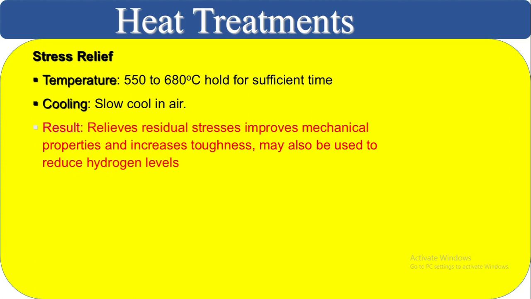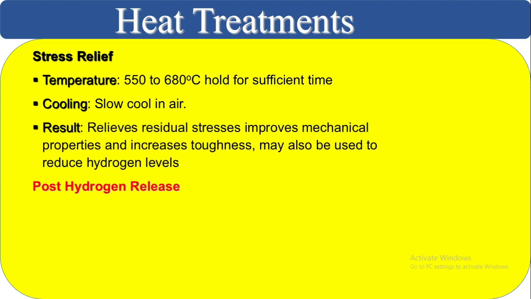Tempering and stress relief are almost the same, but the difference is the maintained temperature. Tempering is 250 to 680. Now here it is 550 to 680. So different types of temperature.